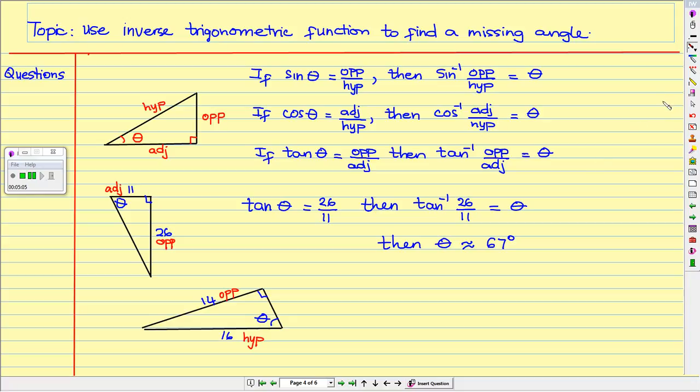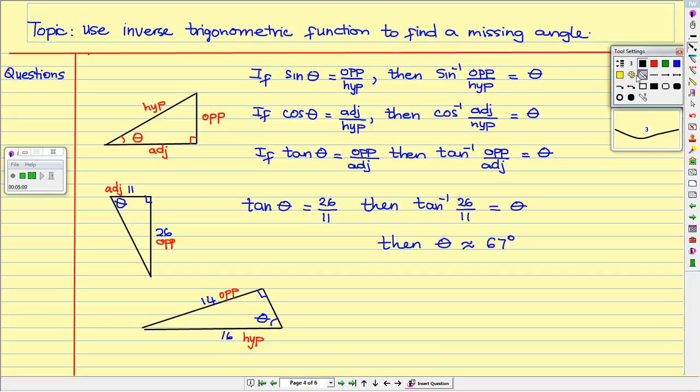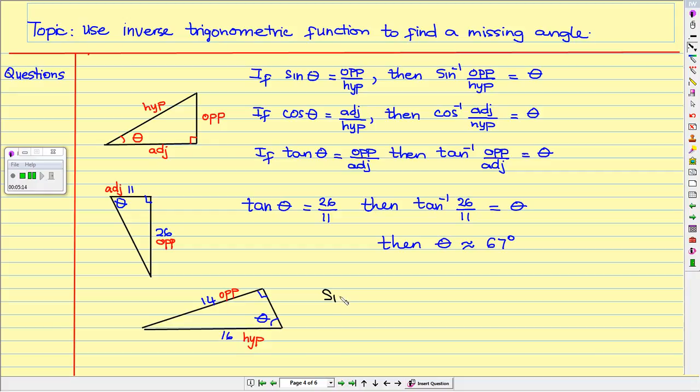So now if we want to find the angle theta, we have to use sine. The sine of the angle theta is opposite over hypotenuse, so 14 over 16.